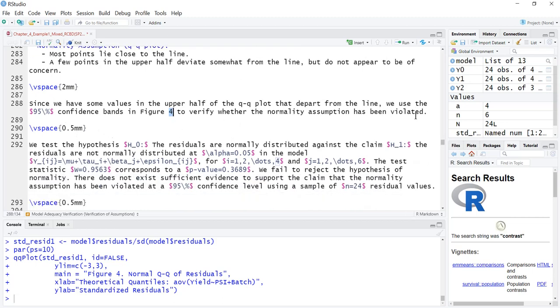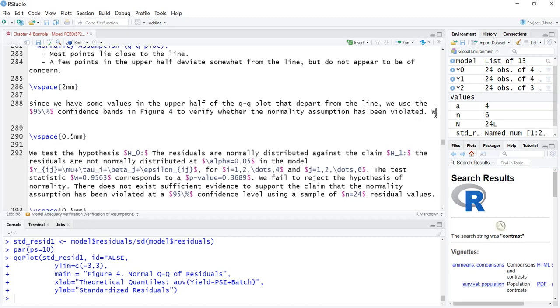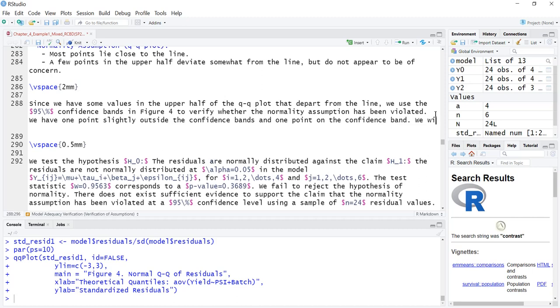So, and I didn't finish this, we have 1 point slightly outside the confidence bands and 1 point on the confidence band. We will perform a formal test for normality to verify.